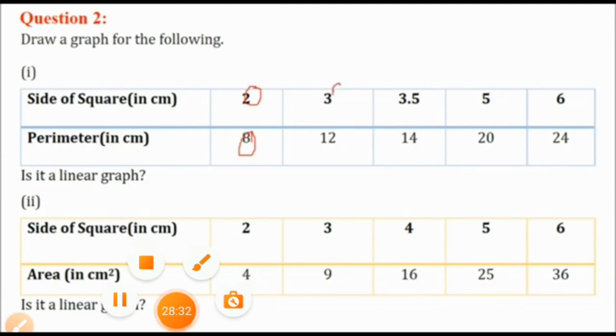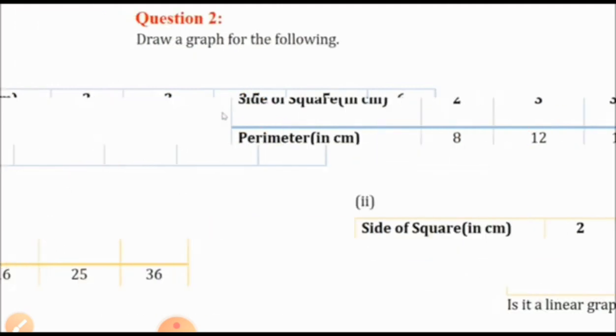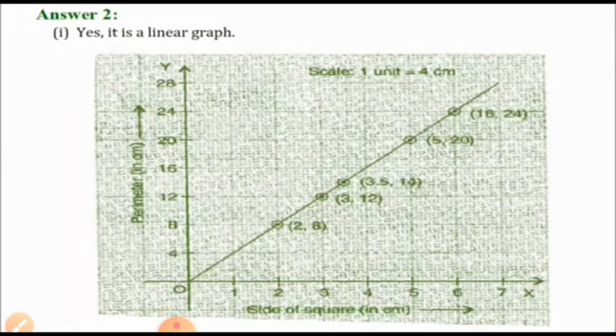So here we can see the graph of perimeter and area, and they can ask whether it is linear or not. I am taking this graph a second time purposefully because some students still have no idea regarding a straight line or a linear graph. Student, linear is nothing but a straight line. Is it? This is a straight line.